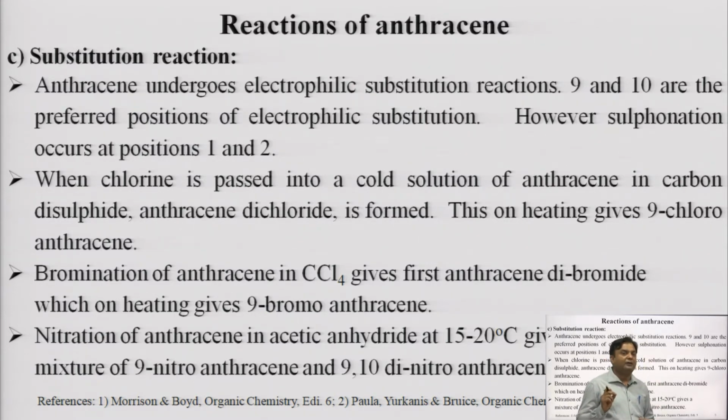Because of these electrons, anthracene easily undergoes substitution reactions, especially electrophilic substitution, because nucleophilic substitution is not possible under normal conditions because of the presence of electron clouds. So, anthracene easily undergoes electrophilic substitution reactions. I am again repeating, the 9 and 10 positions are the most preferred for electrophilic substitution.